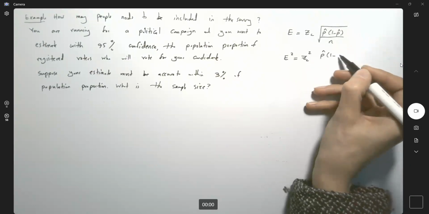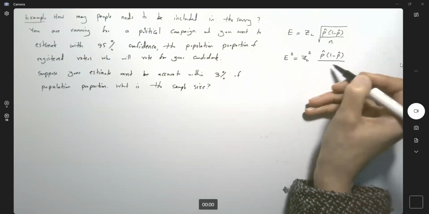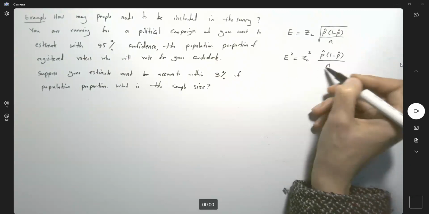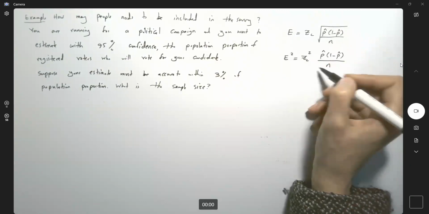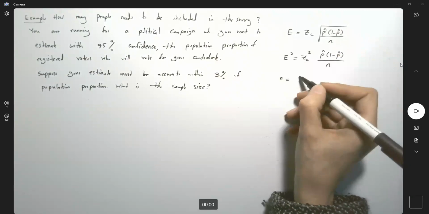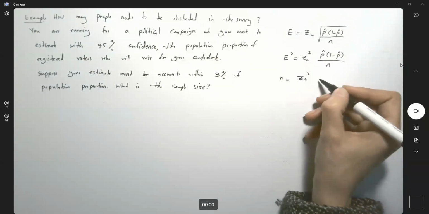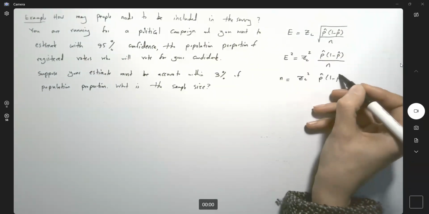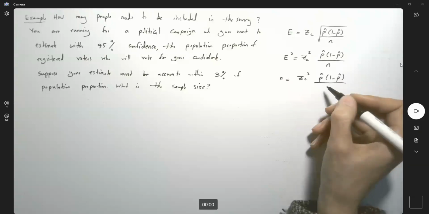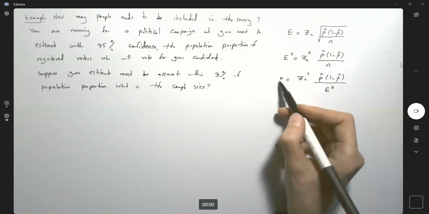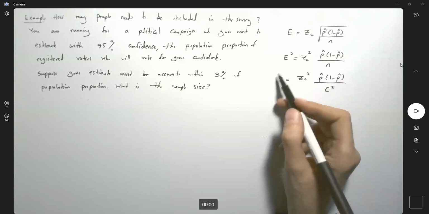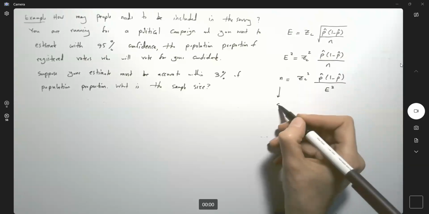You get P hat 1 minus P hat divided by N. Just to exchange the role of N and E squared, N is equal to ZC squared, P hat 1 minus P hat divided by E squared. So you have a formula for your sample size.